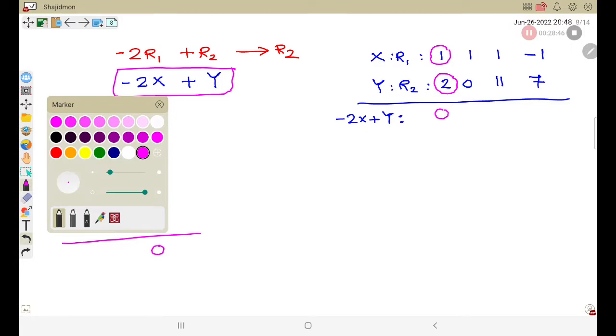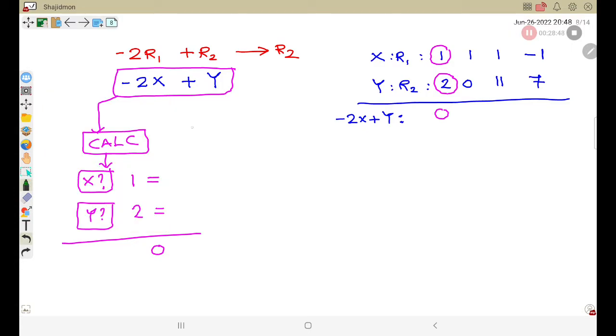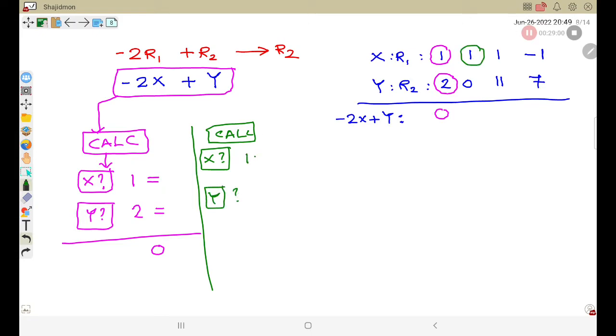Now repeat the same operation. Press the calc button again. The calculator will ask for your X number. What is our next X number? 1. Type 1, press equal, then Y number 0, press equal. Immediately you will get minus 2.